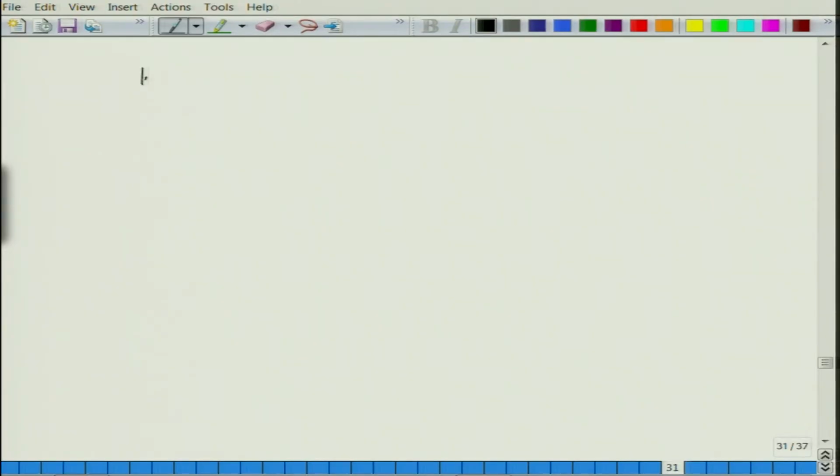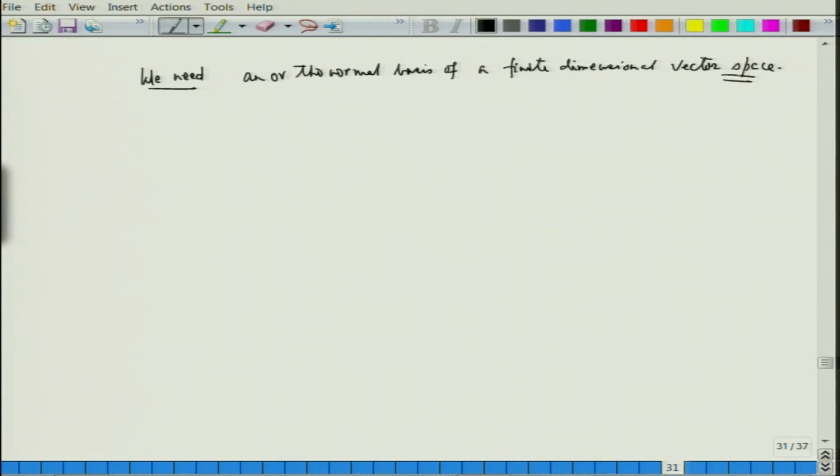Alright, so what we had seen was that we need an orthonormal basis of a finite dimensional vector space. Fine, we need this.